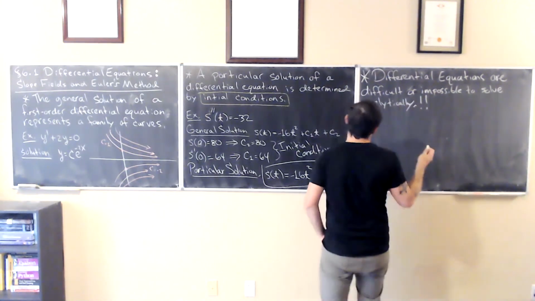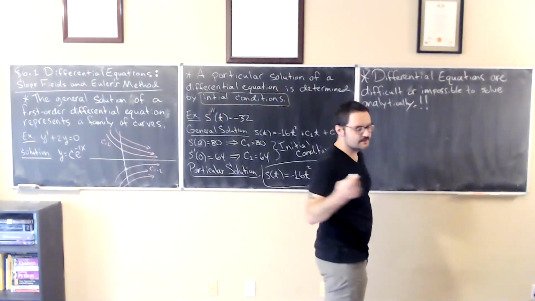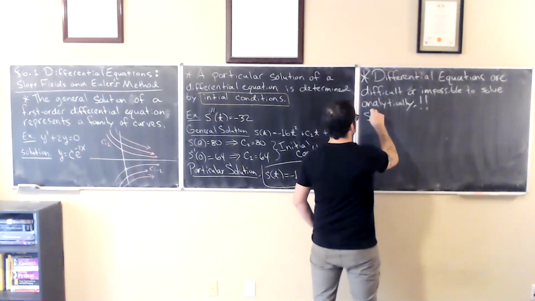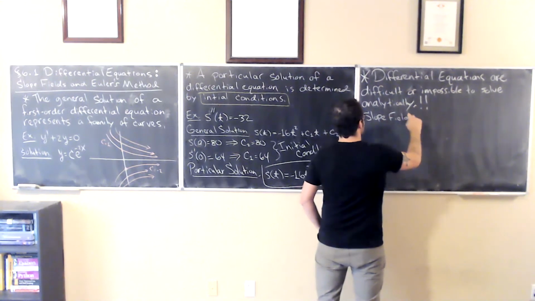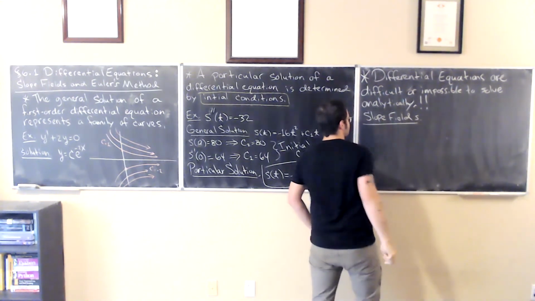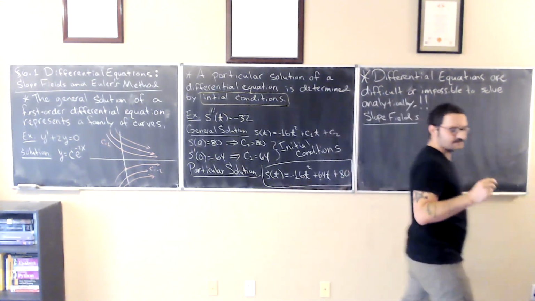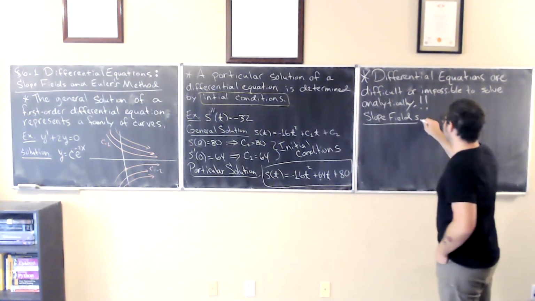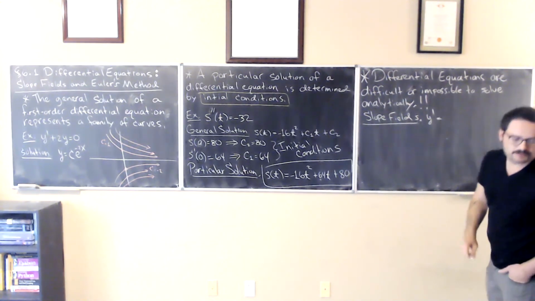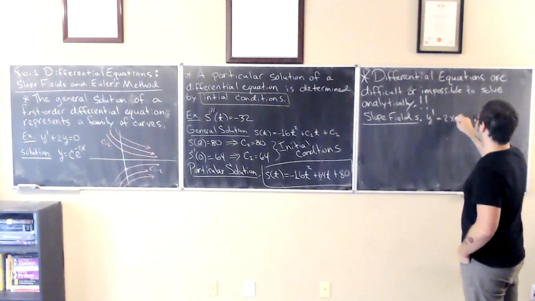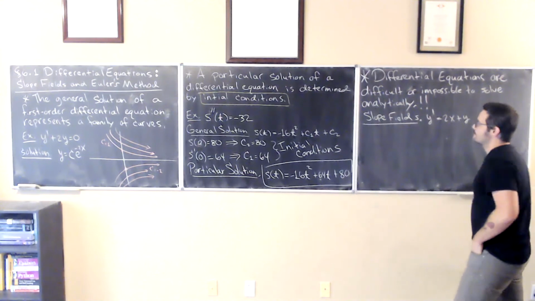I would say one possible way is to look at slope fields. So what is a slope field? Let's just consider the differential equation y prime is equal to 2x plus y.